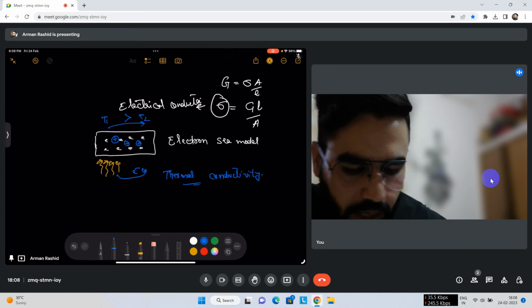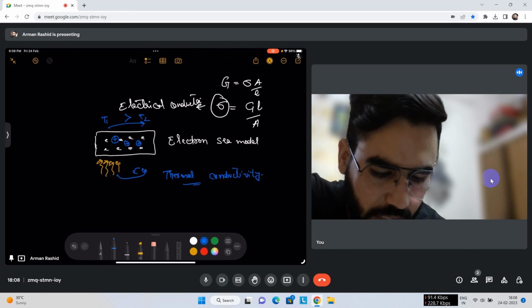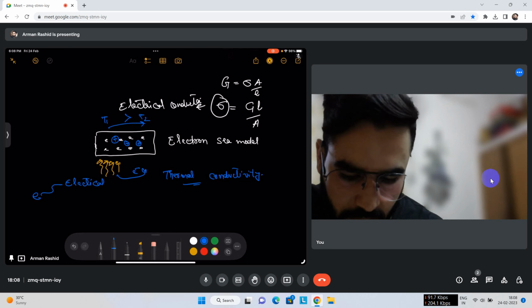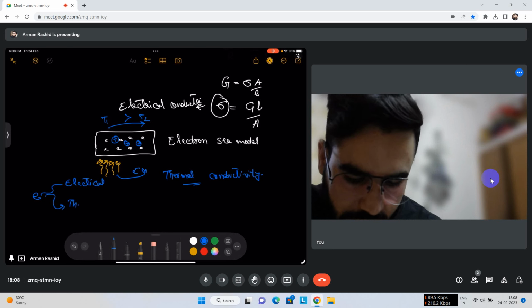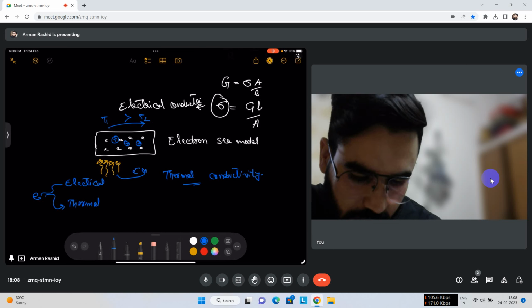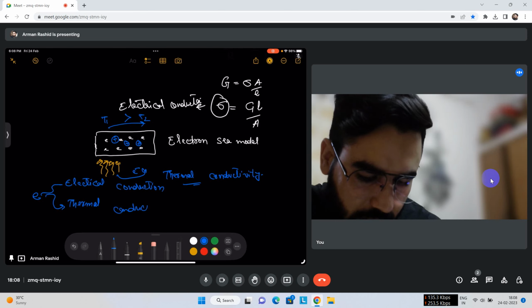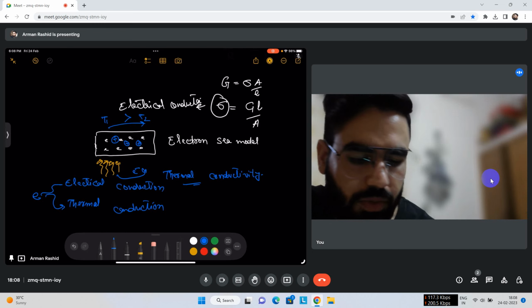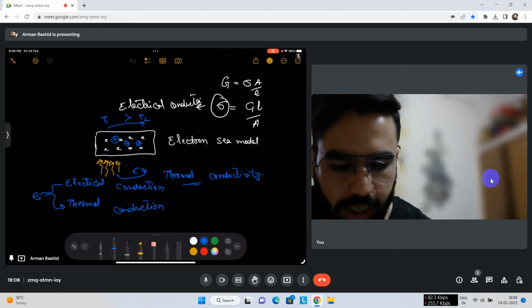Now, in the case of metals, as I have shown, electrons are responsible both for electrical conduction as well as thermal conduction. Because of these labile or free electrons, metals have exceptionally high thermal conductivity and also high electrical conduction.